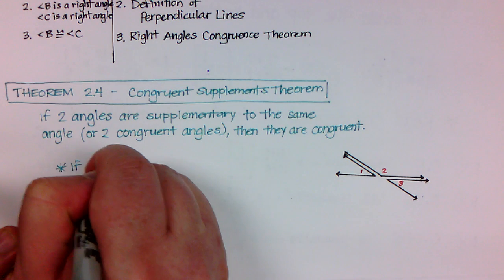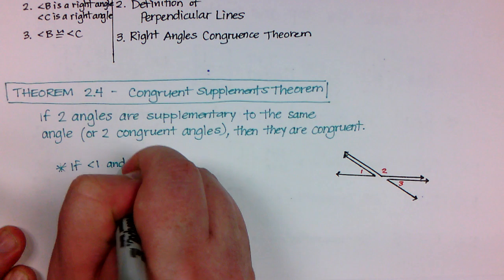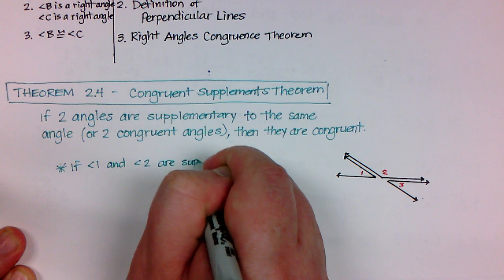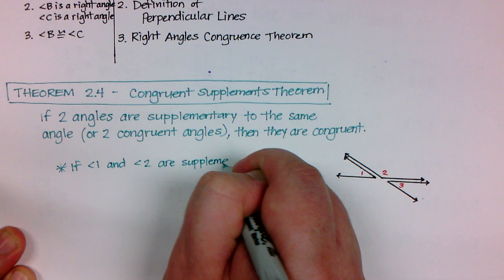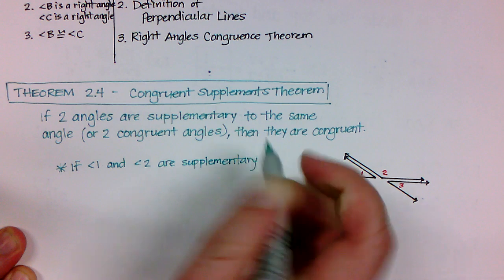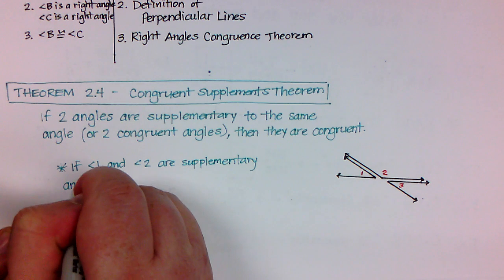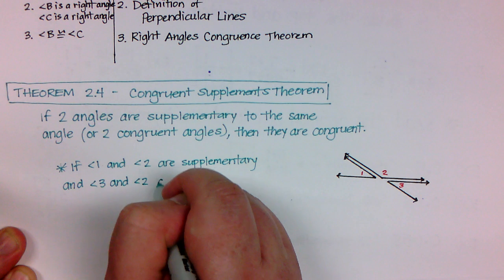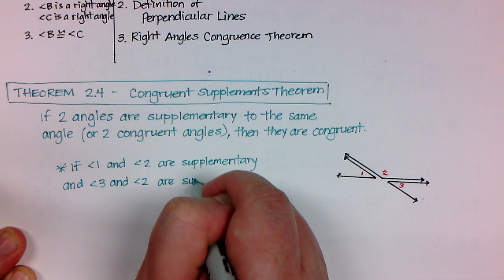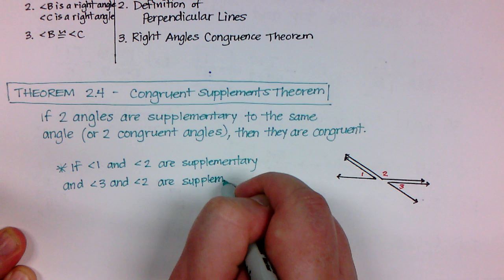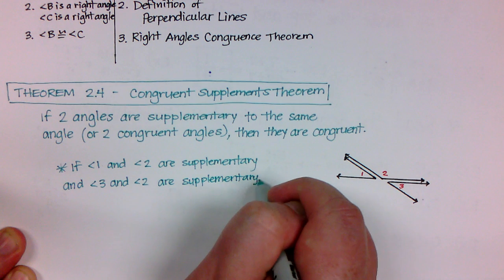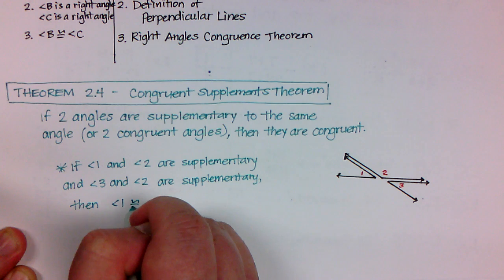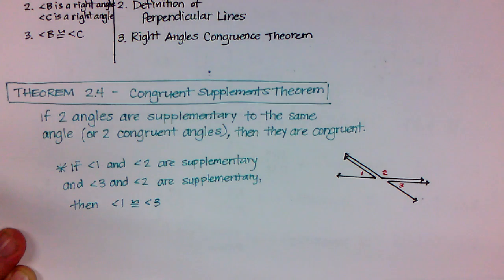If angle 1 and angle 2 are supplementary, and if angle 3 and angle 2 are also supplementary, then we can conclude that angle 1 is congruent to angle 3.